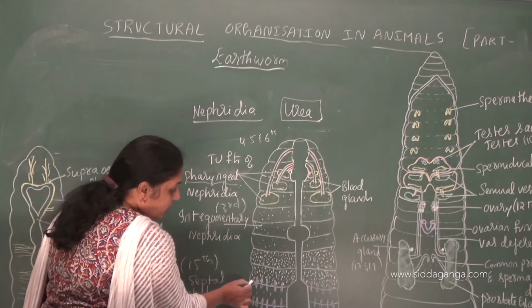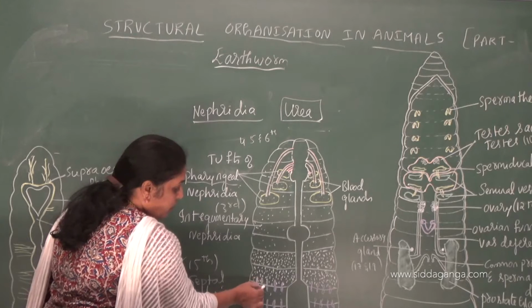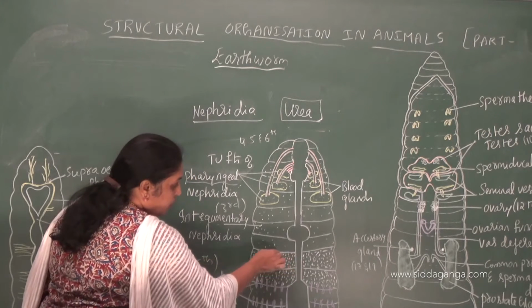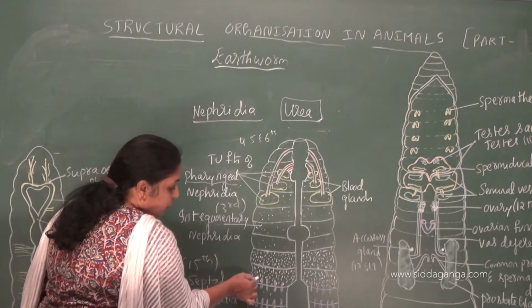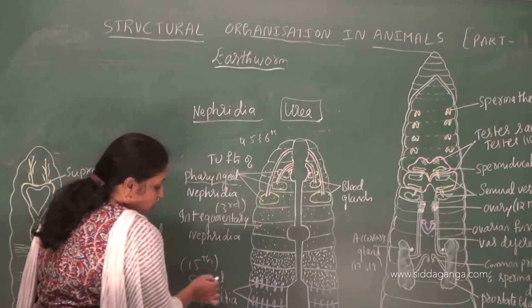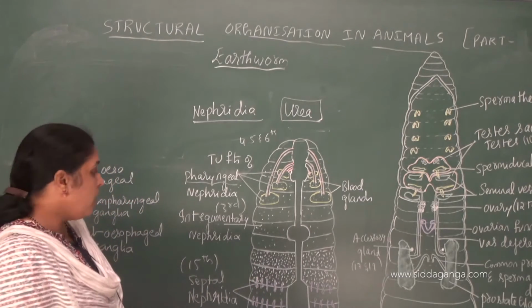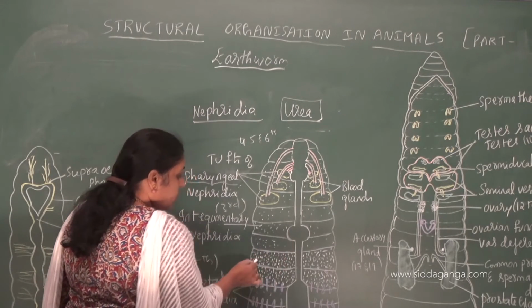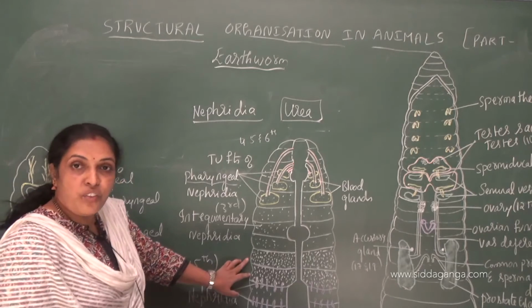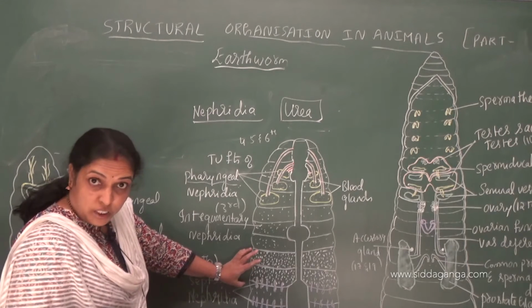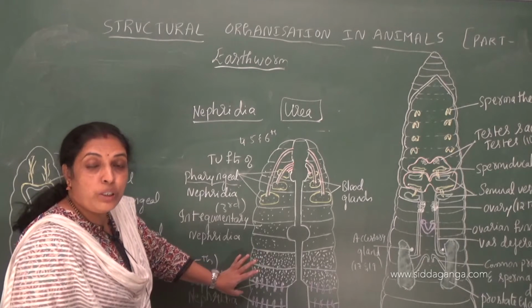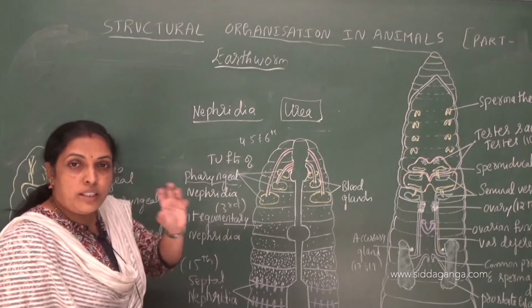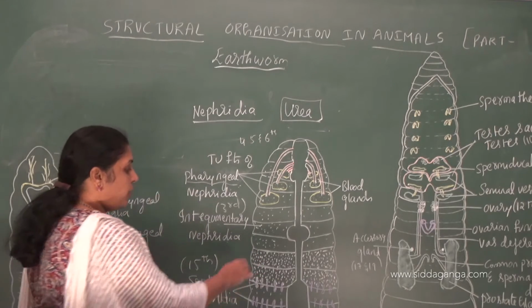Septal nephridia are present between the septa. It is the septum which divides the earthworm into many metameres. These nephridia are present in the septum, that's why they are called septal nephridia. Integumentary nephridia are distributed in the metameres. In the clitellum region, the 14th, 15th and 16th segments, we see many integumentary nephridia.